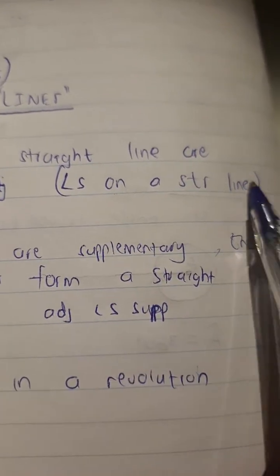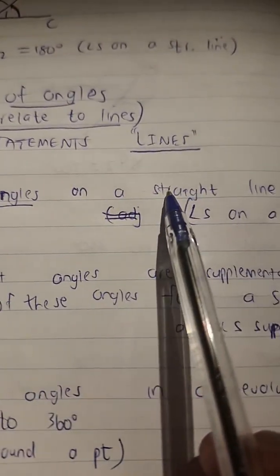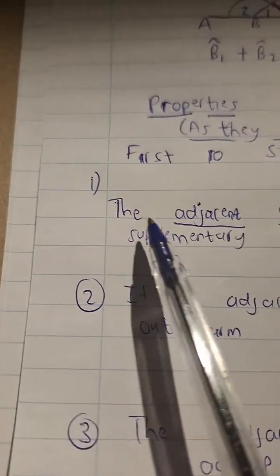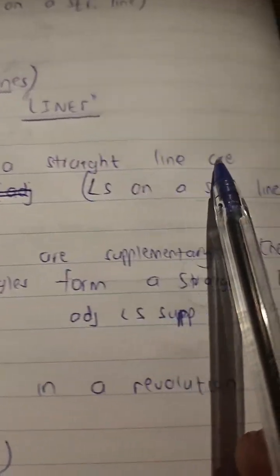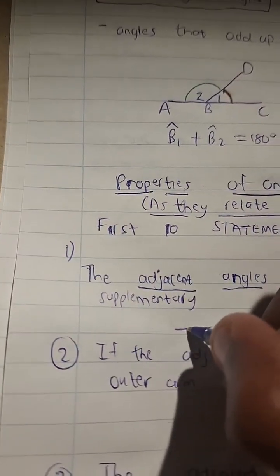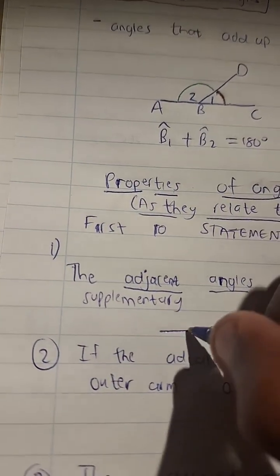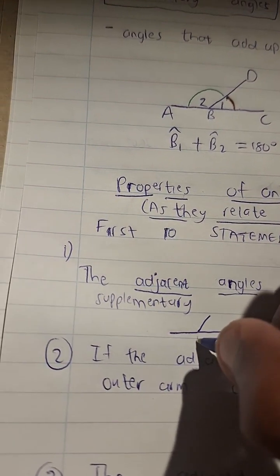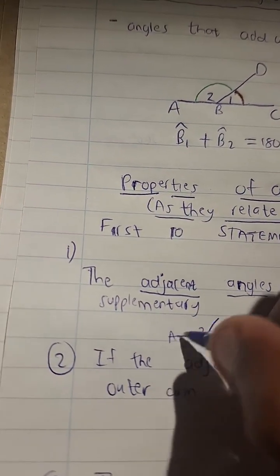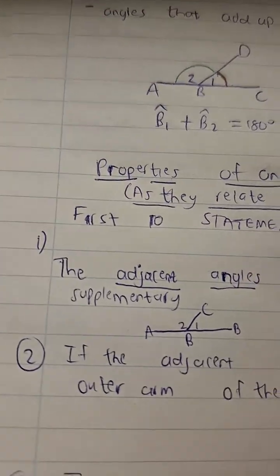This is a reason used whenever this statement is true. So I repeat, the adjacent angles on a straight line are supplementary. So if ever you have a straight line and you have, let's say this is B, you have 1 and 2, let's say A, B, C.